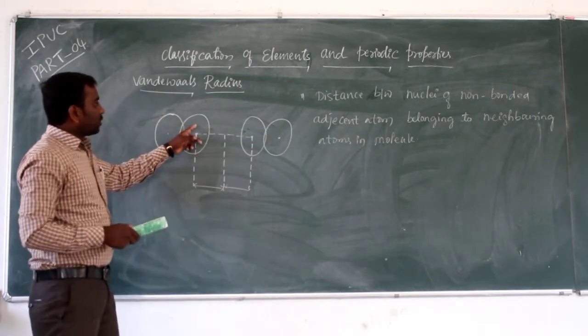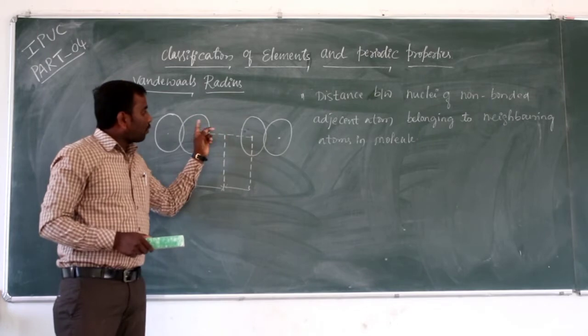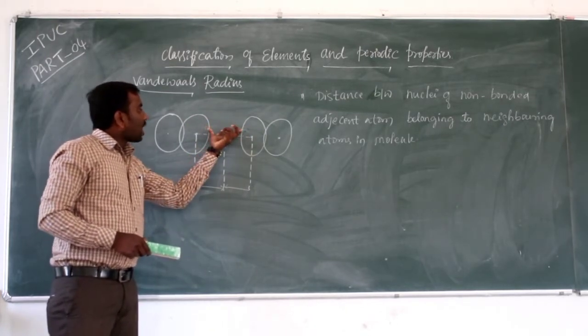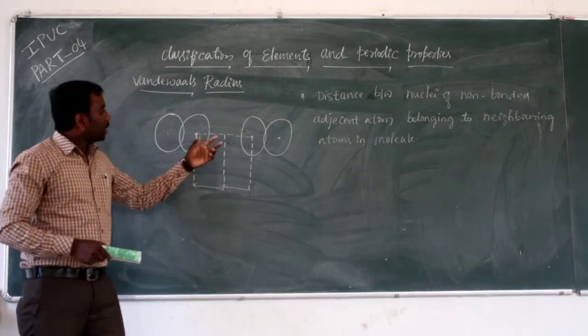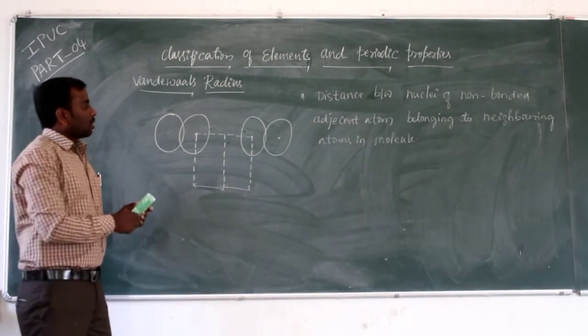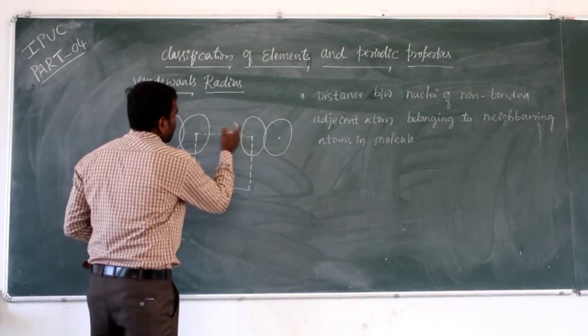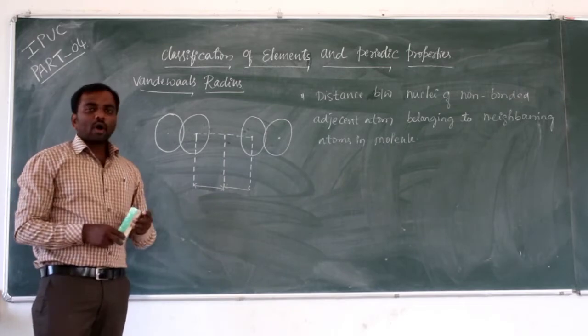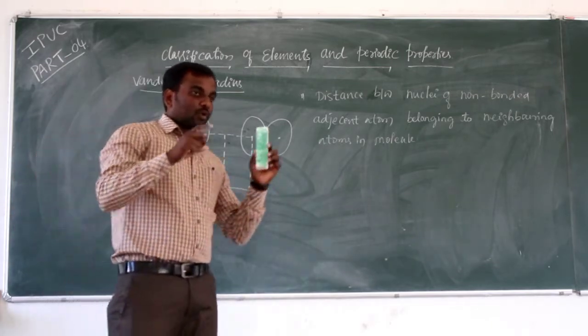The distance between the nuclei of non-bonded adjacent atoms belonging to the neighboring atoms in a bond is called as van der Waals radius.